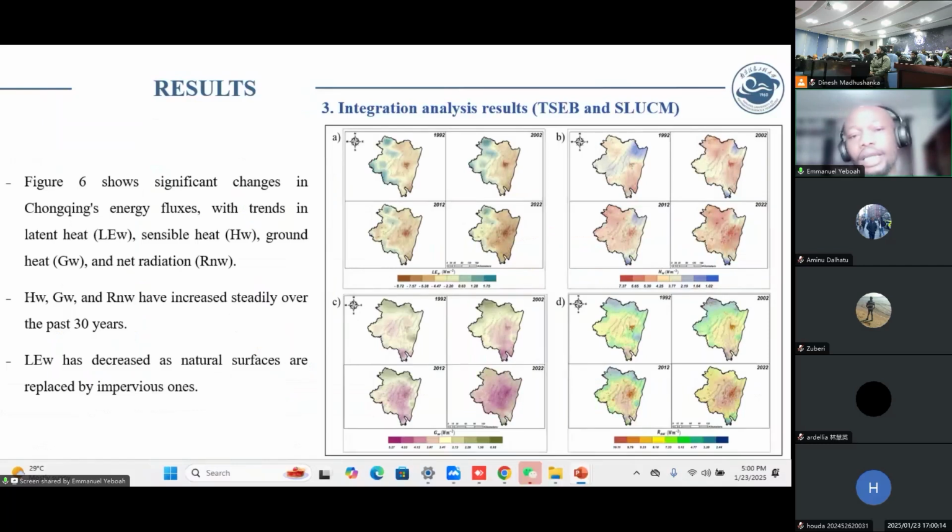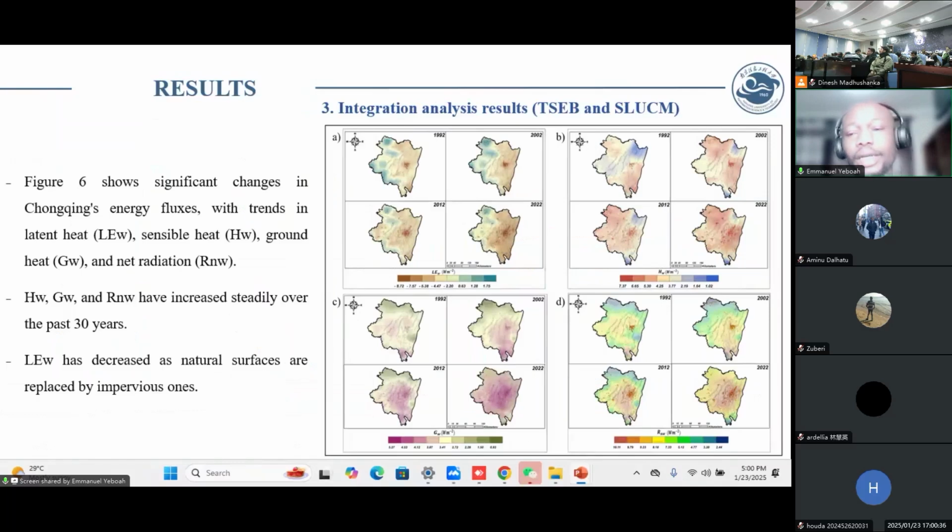So we can see that latent heat, as I said, is very prominent at the outskirts of the city, which is dominated by vegetation like forest, farmlands, grasslands, and of course, water bodies. But as you move closer to the city, it is very negative, as you can see there.